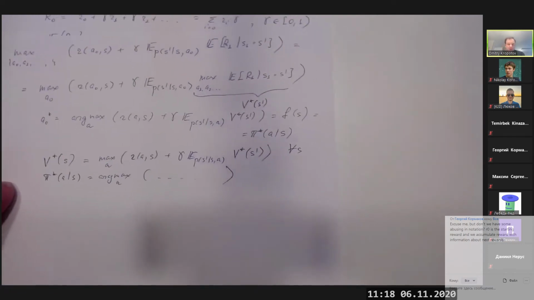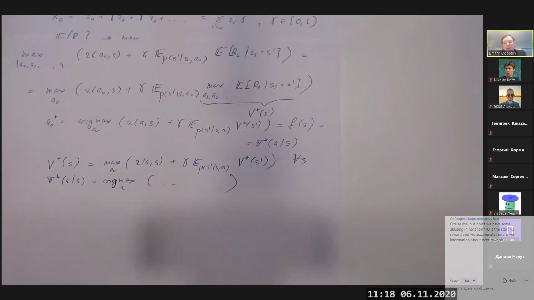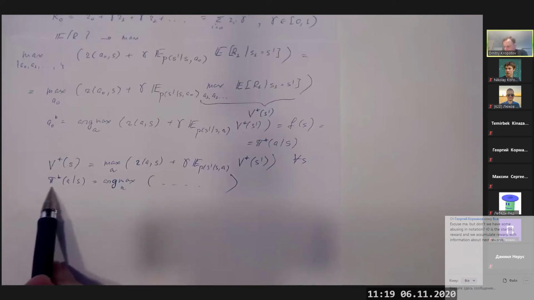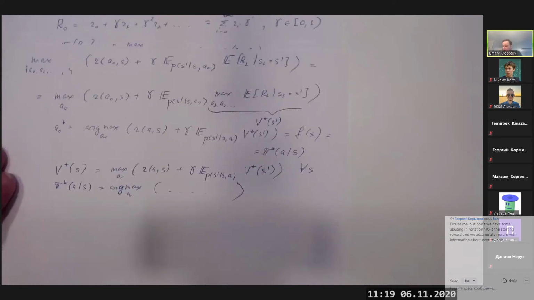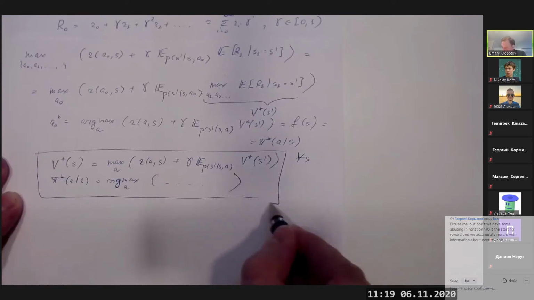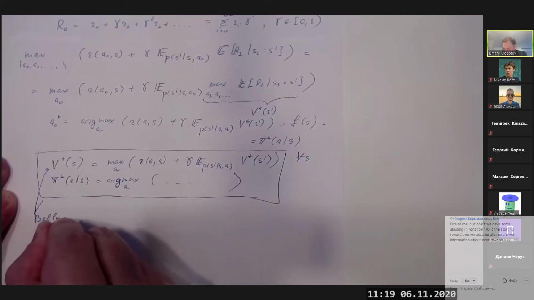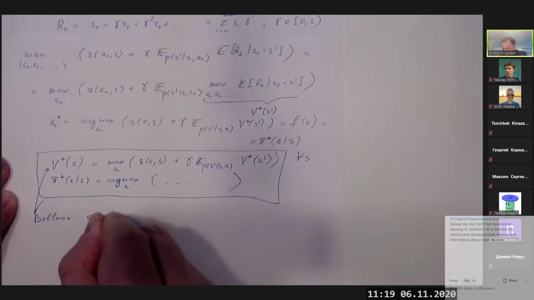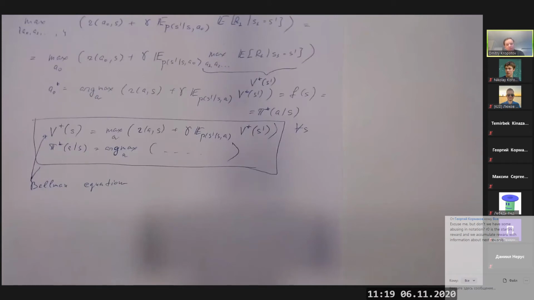The optimal policy would always be a deterministic policy, even if you allow yourself to consider probabilistic policies pi. So this would be the optimal policy for any MDP. Okay, so we have this result. This is called the Bellman equation for the V function, which is just a recursive expression for the V function.